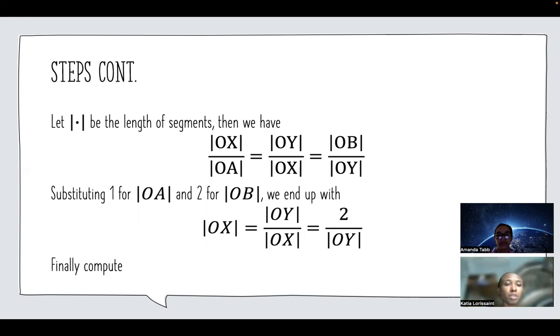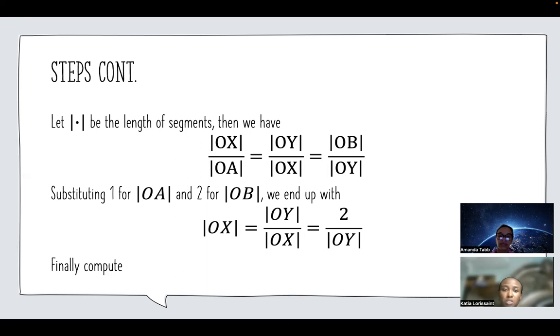Substituting 1 for OA, if you go back in a few minutes, you will see we did use -1, 0 for point A, so the distance would be 1 unit, and 0, -2 for B, so the length of OB would be 2 units, and we would end up with OX over absolute value of OY equals absolute value of OY over absolute value of OX equals 2 over the absolute value of OY.